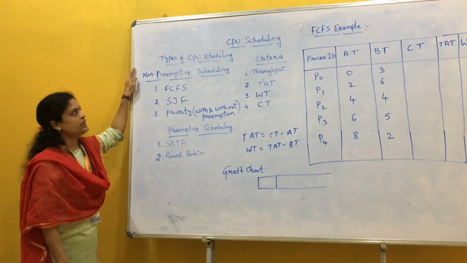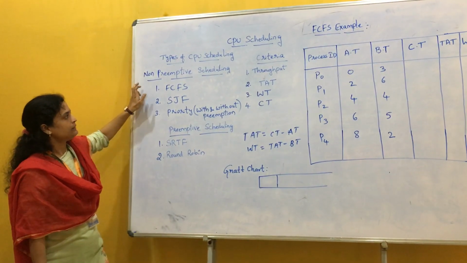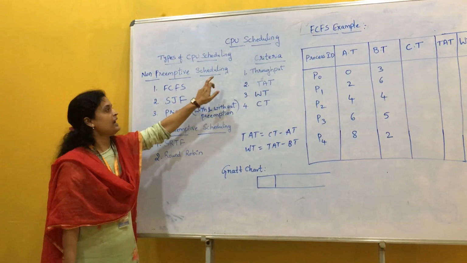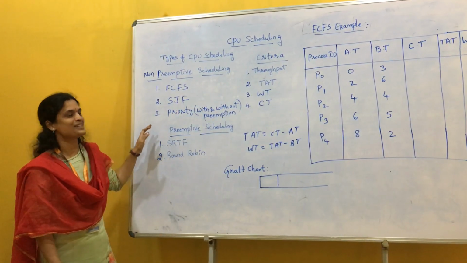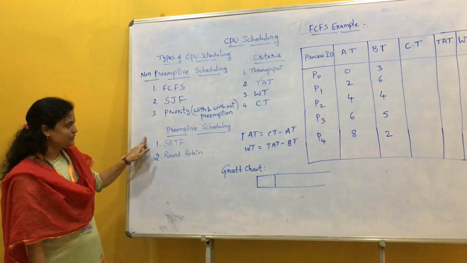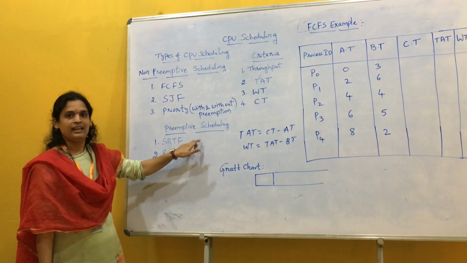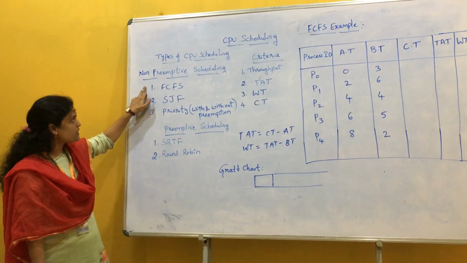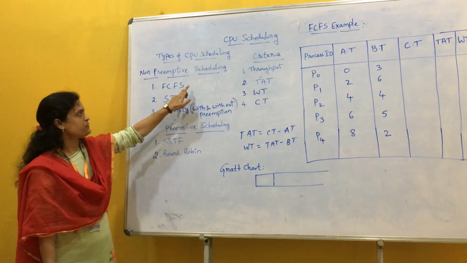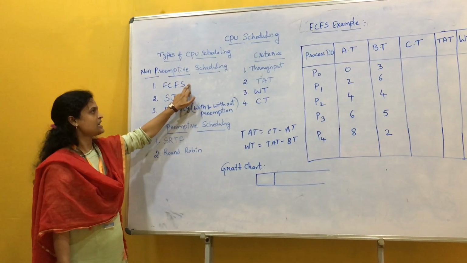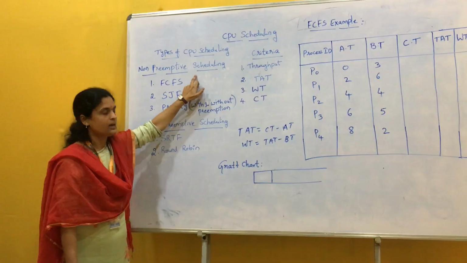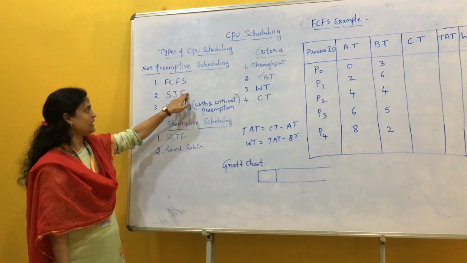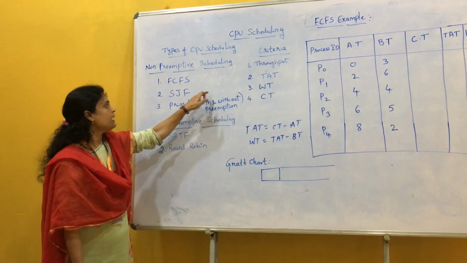Coming to non-preemption CPU scheduling, there is no interrupt for any process. And coming to preemption scheduling, there is an interruption. The types of non-preemption scheduling are FCFS, which stands for first come, first serve; SJF, which stands for shortest job first; and priority.